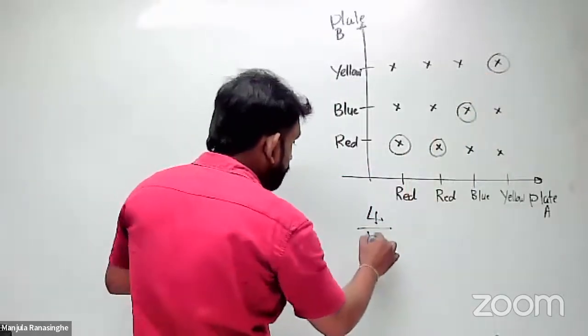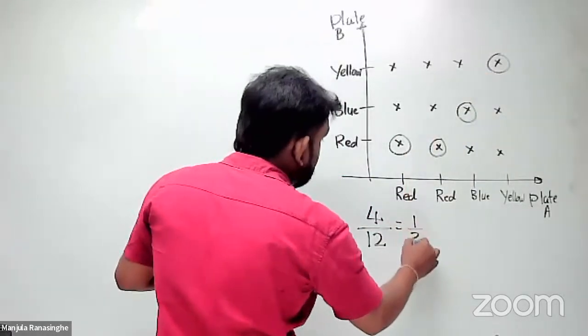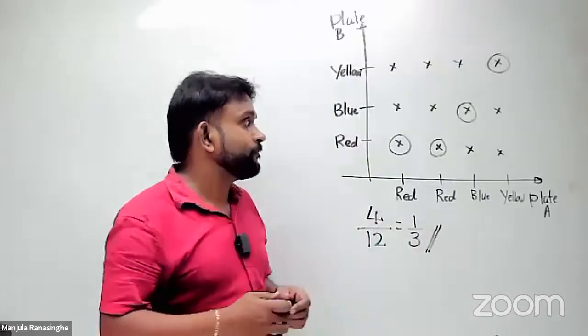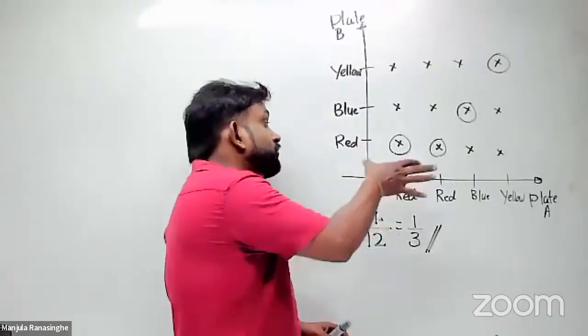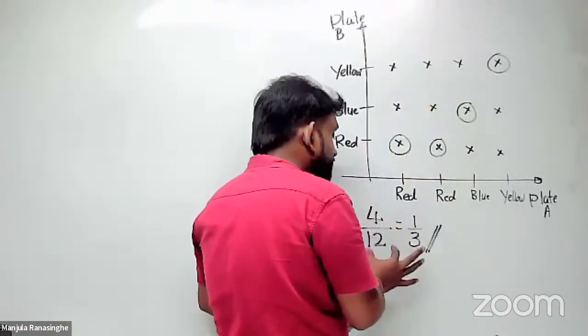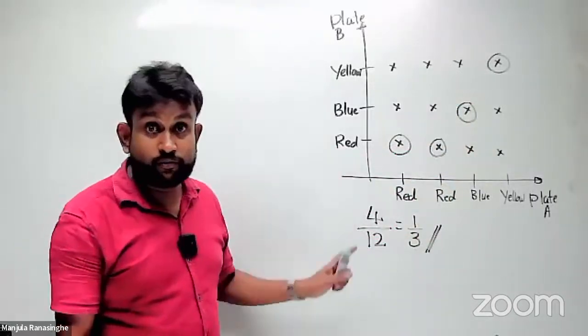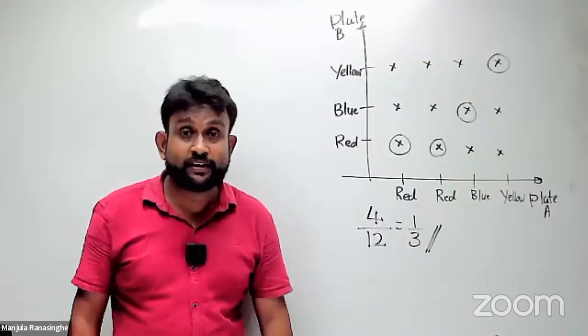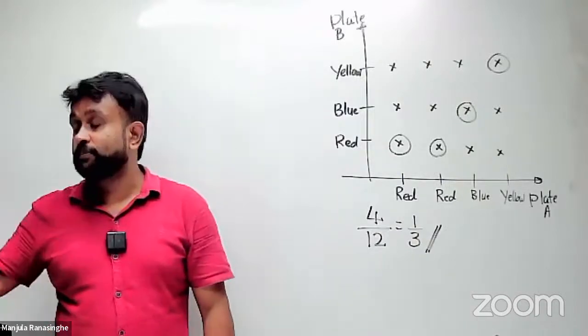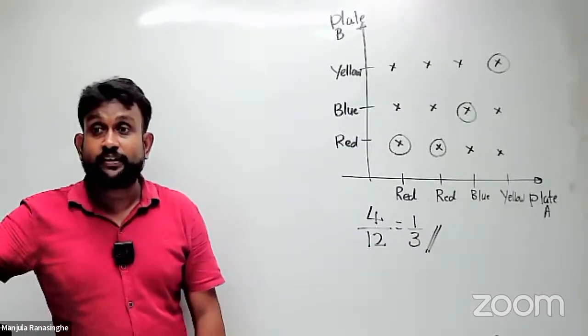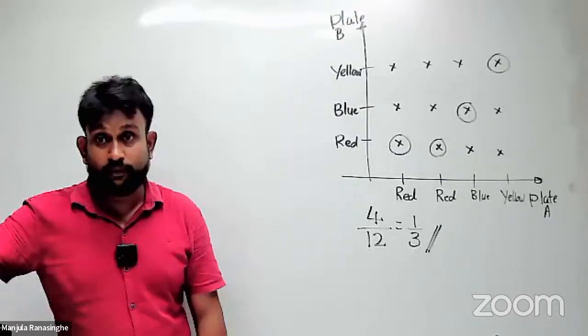So 4 upon 12, that means 1 upon 3. All together 12 events, out of that the same color has 4 occasions. 4 upon 12, when you simplify it, 1 upon 3. That's the probability. So that is the last part.